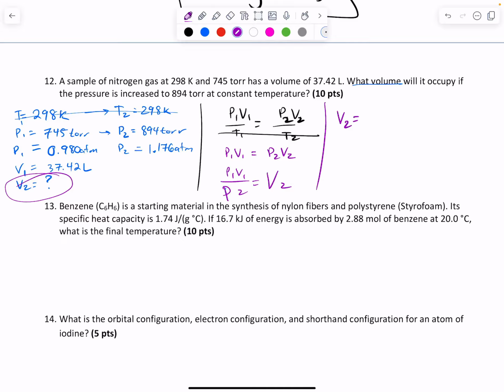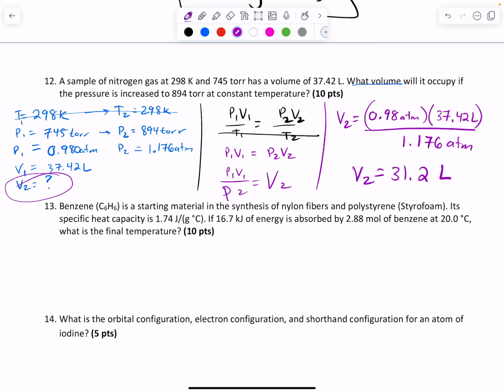So V2 equals pressure 1, 0.98 atmospheres, times V1, which is 37.42 liters, divided by P2, which is 1.176 atmospheres. V2 therefore equals 31.2 liters. And if we have increased our pressure, does that make sense that we would decrease our volume? Yes, because those two are inversely proportional.